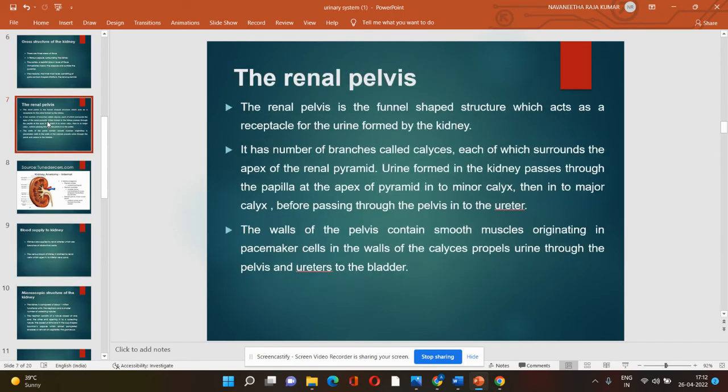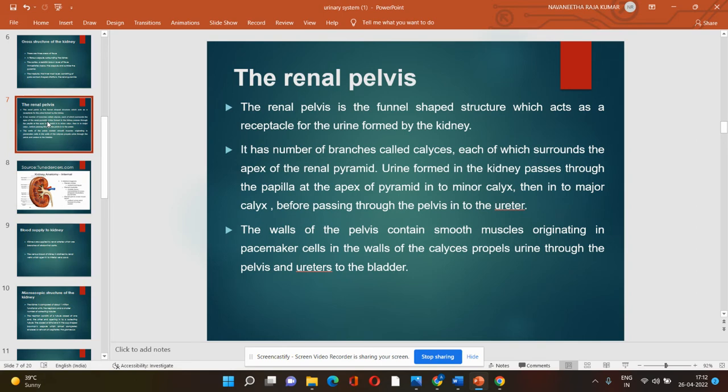And the renal pelvis. The renal pelvis is the third area, a funnel shaped structure, and this acts as a receptacle for the urine formed by the kidney, and it has several branches called calyces. Each of the calyces surrounds the upper portion of the renal pyramid.